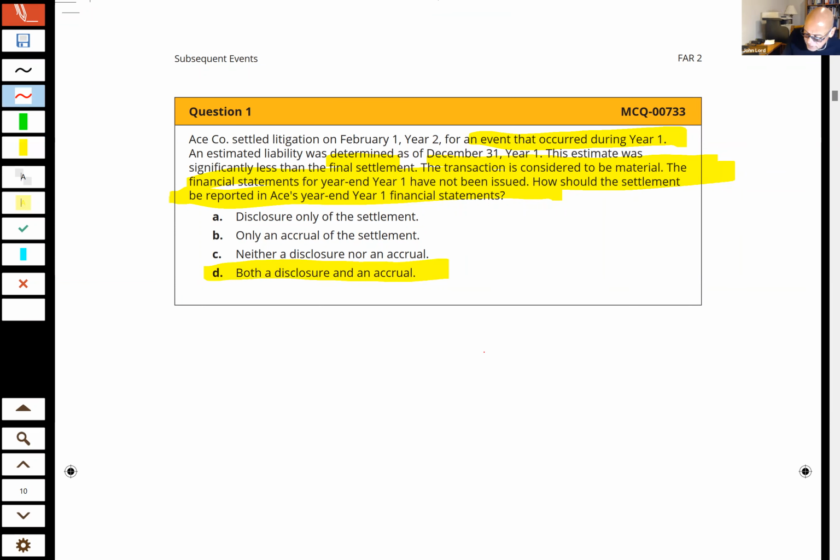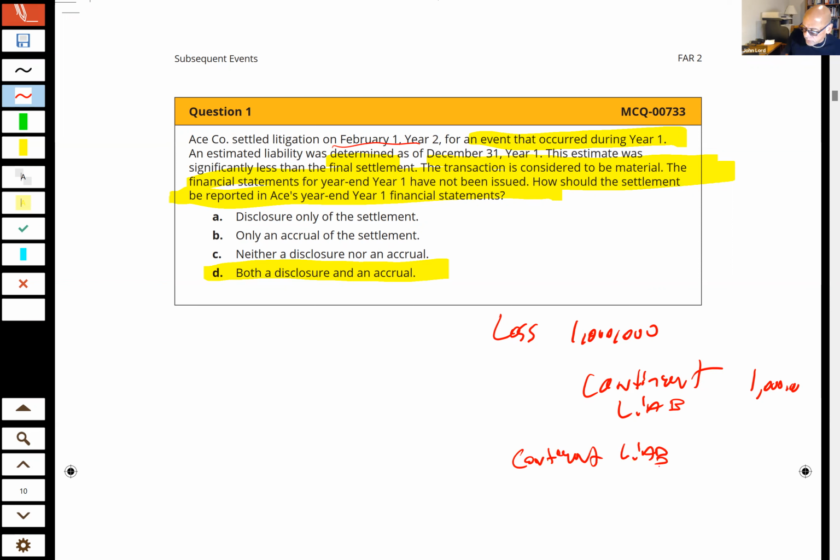In other words, if in the estimate before at December 31st, I had debited loss on this lawsuit for $1 million and credited contingent liability for $1 million, and then in February, before the financial statements were issued, I found out they settled for, say, $300,000, I'd have to debit contingent liability for $700,000 and credit the loss for $700,000.